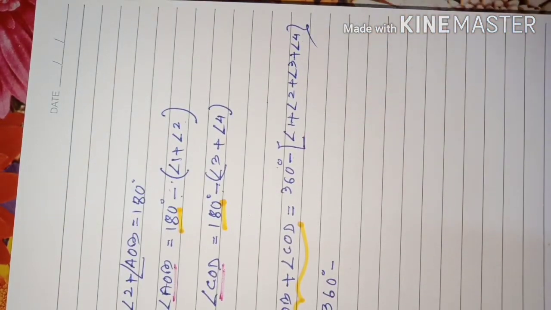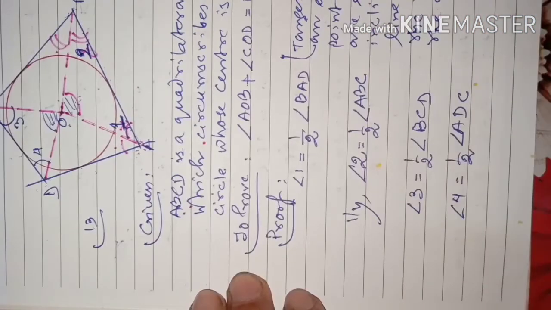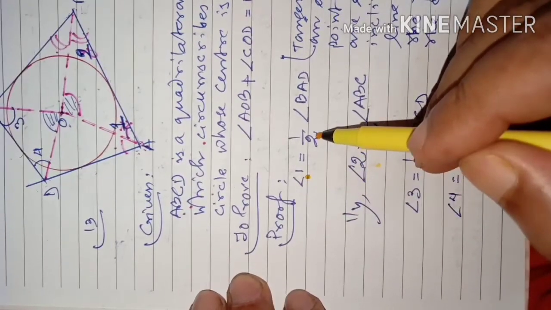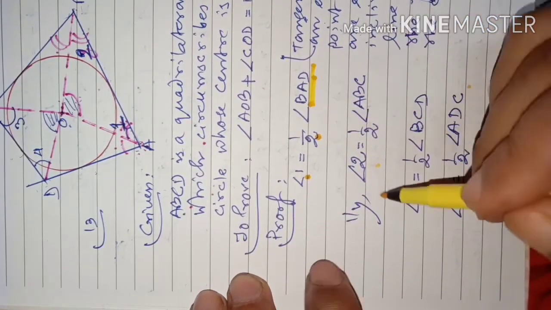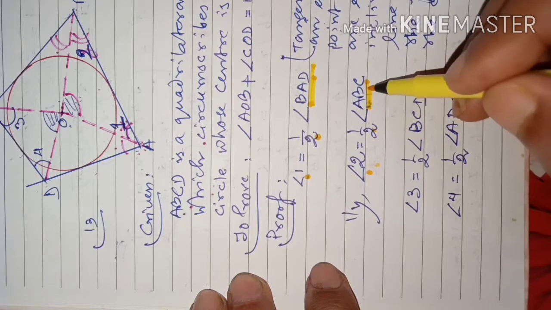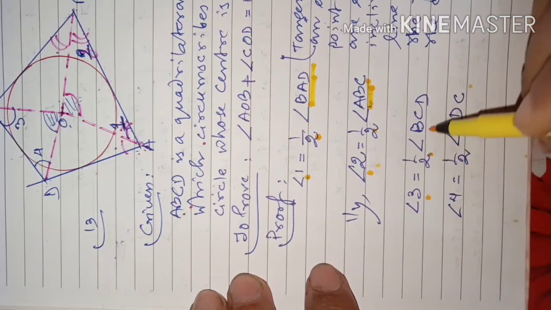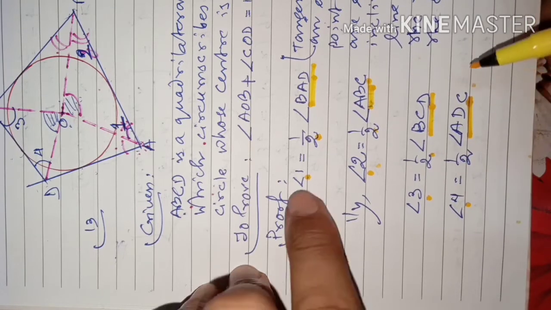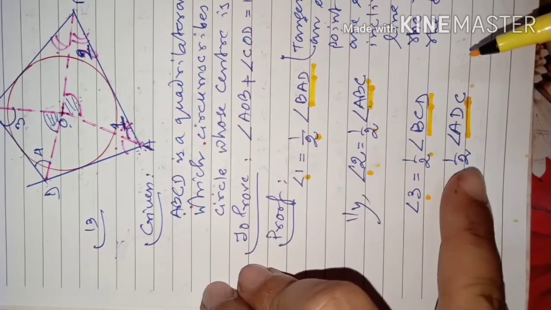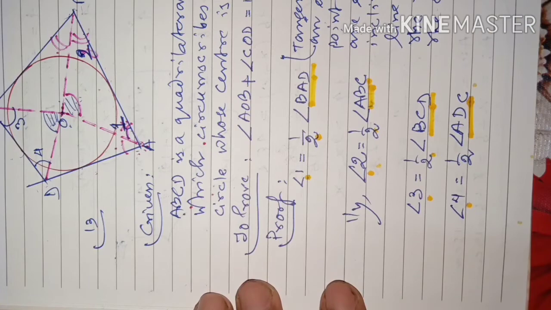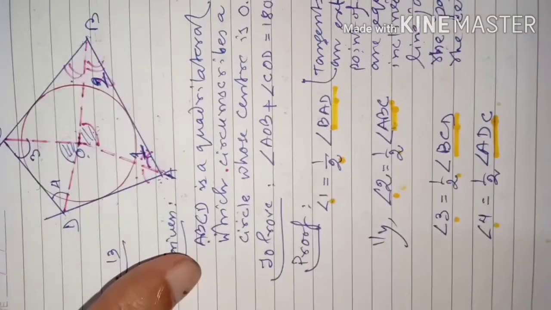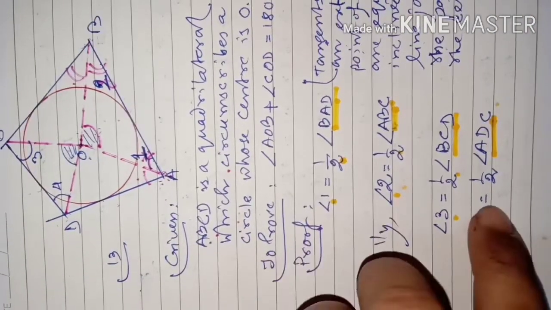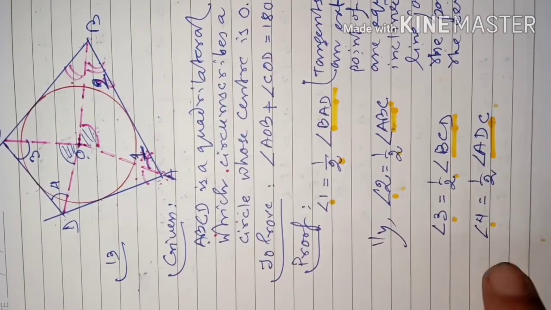Look at their expressions. Angle 1 is half of BAD, angle 2 is half of ABC, angle 3 is half of BCD, angle 4 is half of ADC. All these four angles are half of the other angles, so we will replace 1, 2, 3, 4 by these expressions, taking half as a common factor.